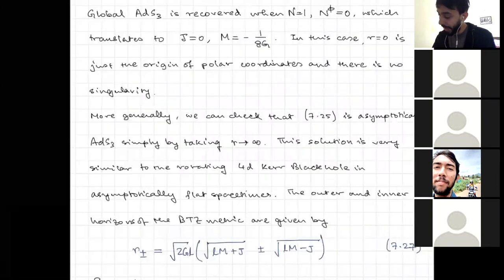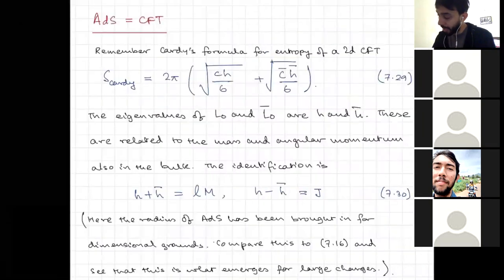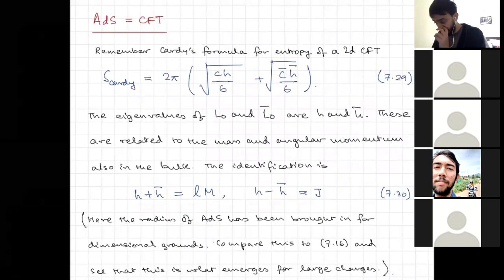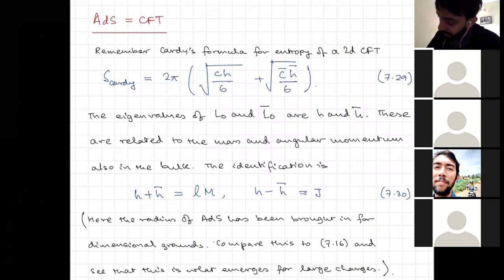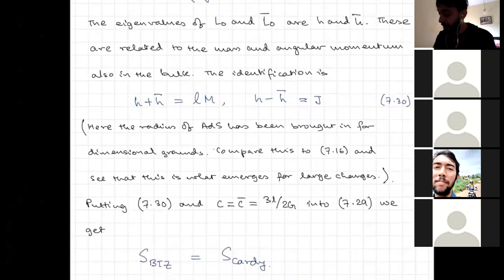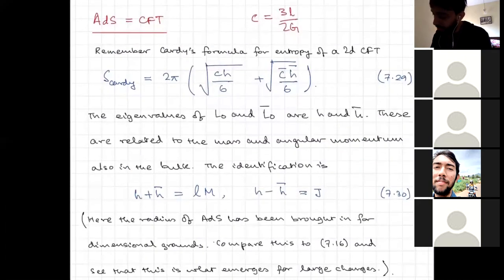All right, so what we have now is that the mass is h plus h bar, the angular momentum is h minus h bar, and the central charge c is going to be 3L over 2G. So let's put all of these things in, and then what do we find?